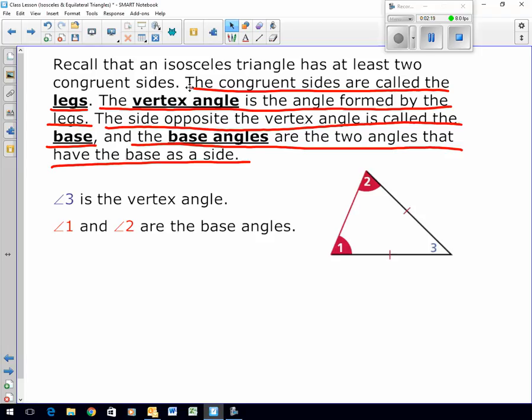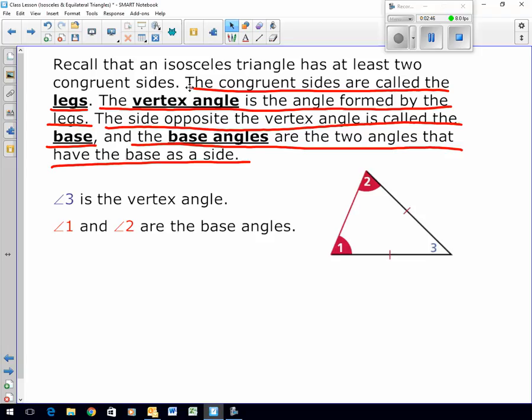A ton of vocab. But what you got to get down when we're talking about isosceles triangles: figure out which sides are the legs. How do I know which ones those are? The congruent sides are the legs. The angle that is formed by the legs is called the vertex angle.